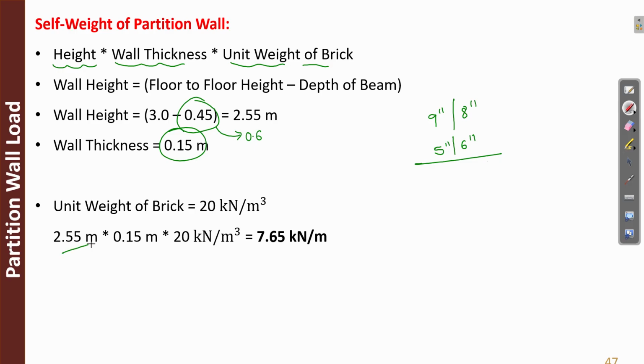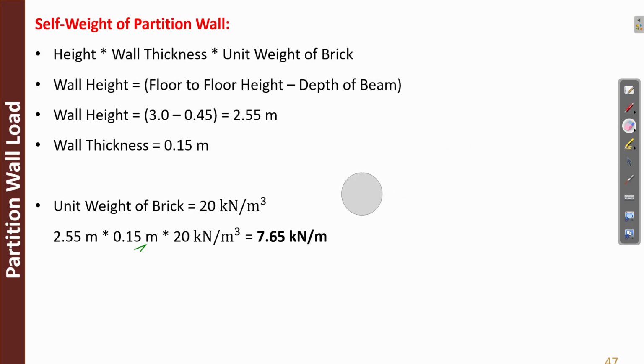So height of the wall 2.55, thickness of wall 0.15 meter, 20 kilonewton per meter cube, which is unit weight of brick. Here the meter cube cancels, and the remaining unit is kilonewton per meter: 7.65 kilonewton per meter.